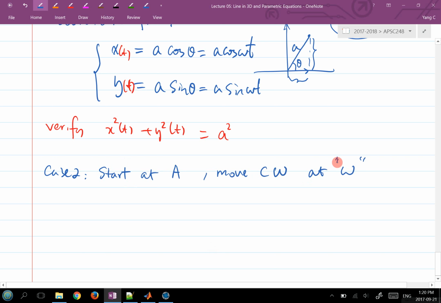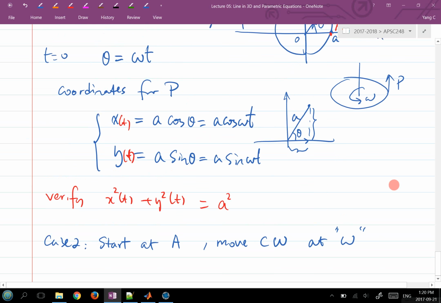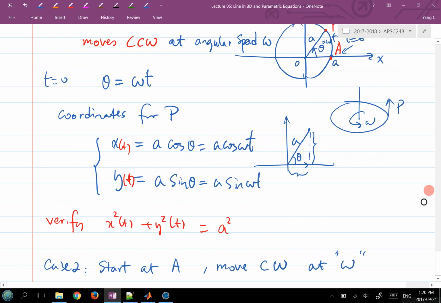So now instead of going counterclockwise, it goes clockwise. Now, what will be the parametric equation? Come up with the parametric equation. Use a very similar approach here.